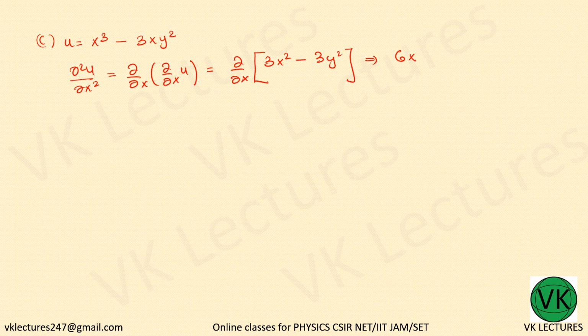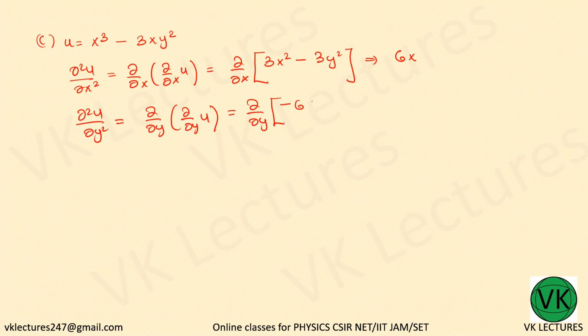Now dou square u by dou y square, that's equal to dou by dou y of u. The first derivative is minus 6xy, and the second becomes minus 6x. So this gives us del square u equal to 0.